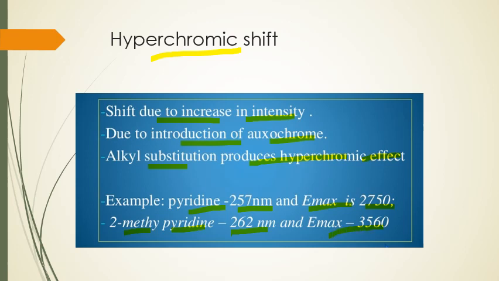So when it causes the bathochromic absorption shift, it also causes the hyperchromic shift, that is, the intensity also increases. So due to the presence of the oxochrome, the intensity increases, and the alkyl substitution is also responsible for the hyperchromic shift.